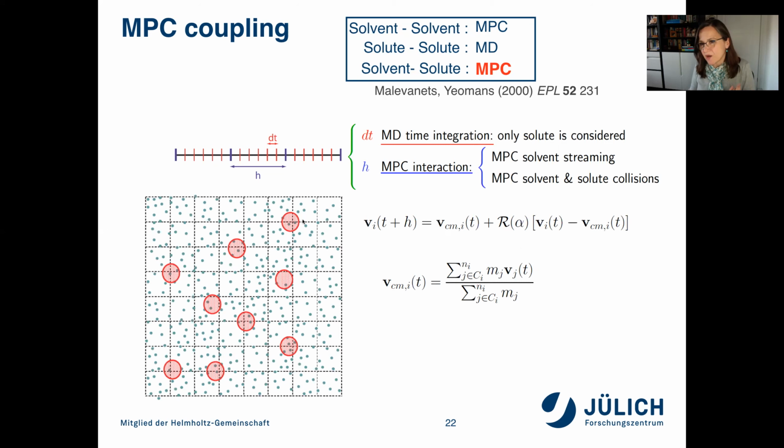The solute typically has larger mass, which also enhances the hydrodynamic interactions between them, but it's just one particle in the velocity of the center of mass. So there is no difference between solvent and solute. And of course, what is curious is that there is nothing that excludes the position of the solvents from being inside the solute.